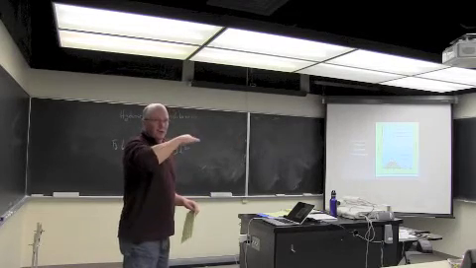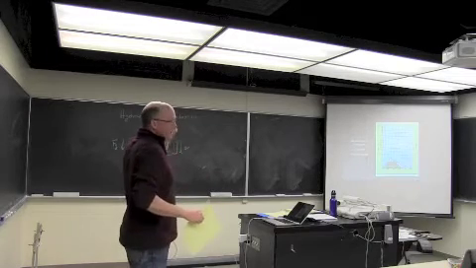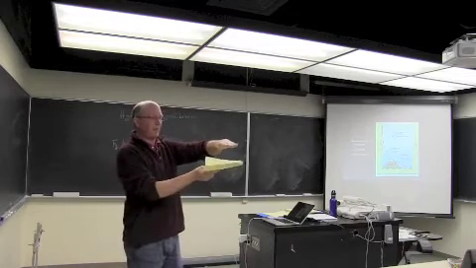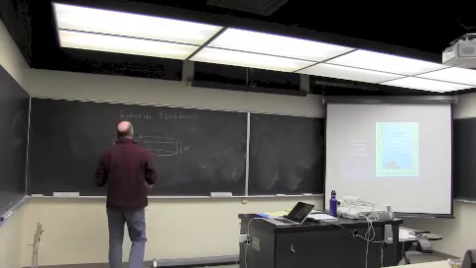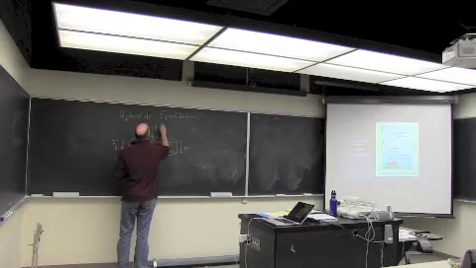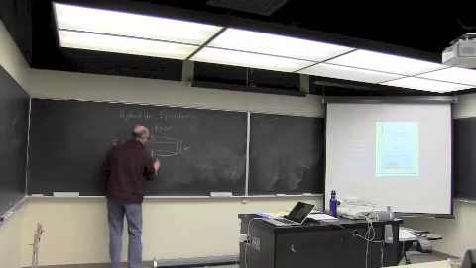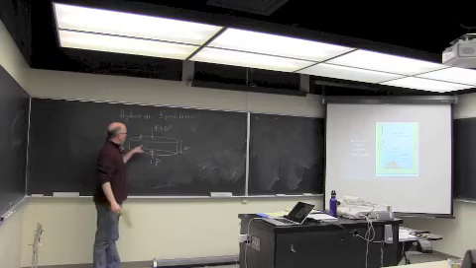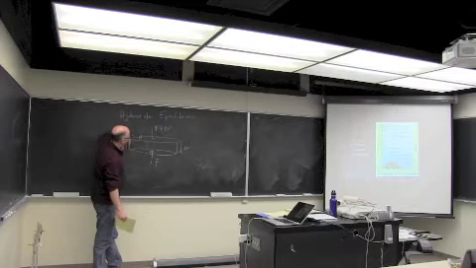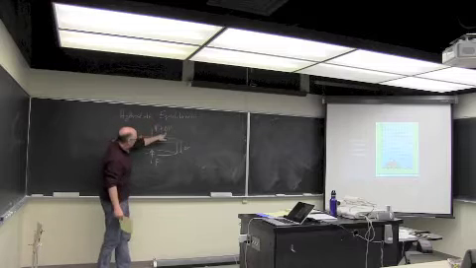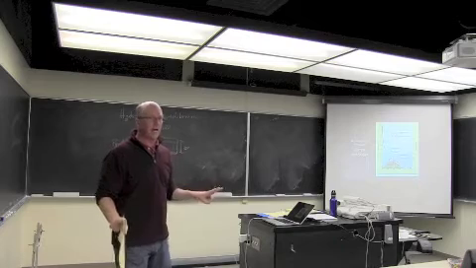In other words, the pressure is not the same at the top and the bottom. And that has to be true because if the pressure was the same on the top and the bottom, it would fall due to gravity, right? So we're going to write down the pressure on the top as P plus delta P, and the pressure on the bottom, which is pushing up, as P. We're doing it this way because gravity is negative down, and delta P has to be a negative number, so we're adding it to the top.